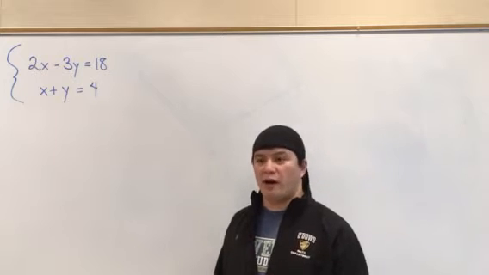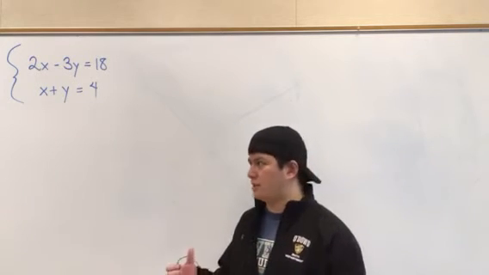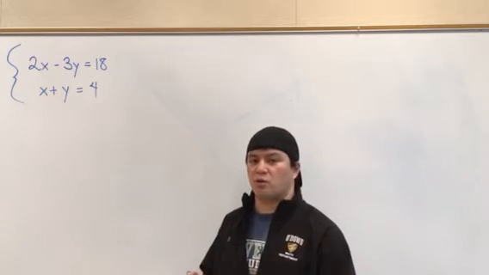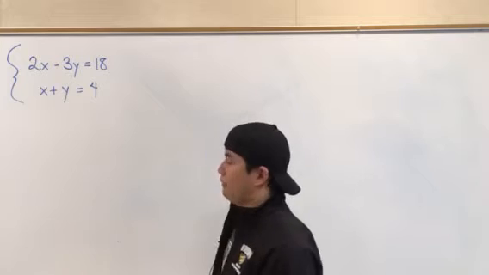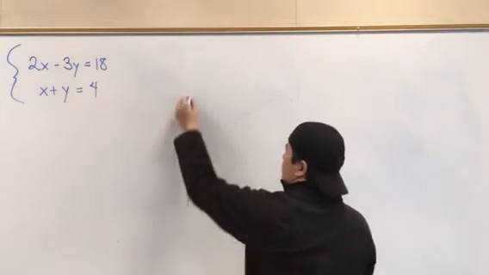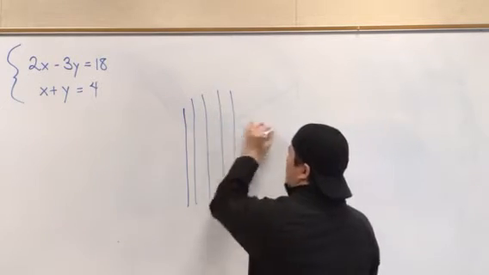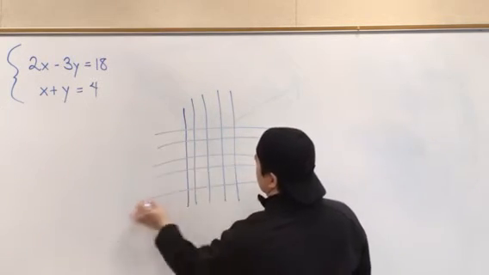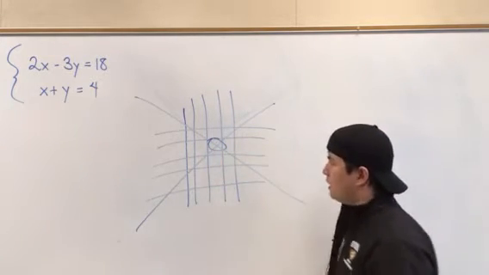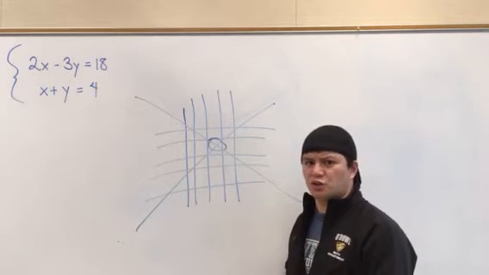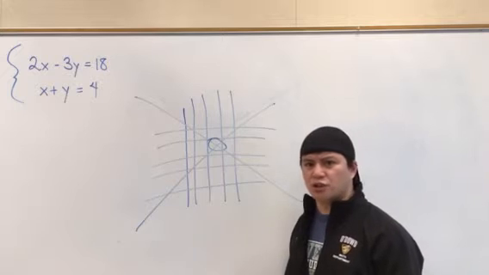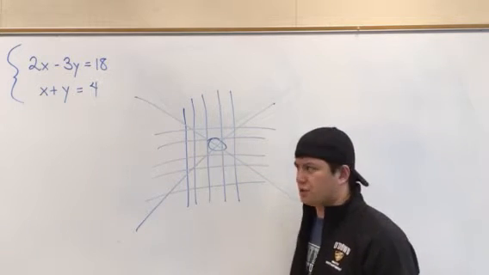So why not do it by graphing? Well, graphing takes up a lot of space, it takes time to graph things, and it's highly dependent on how accurate you can make your graph. And if you don't make your graph that accurate, or if, for example, you have a grid and the lines that intersect happen to intersect in a location like in the middle of the box that's not very convenient to read or to interpret, then it's difficult to figure out what the exact solution might be to a system of linear equations.